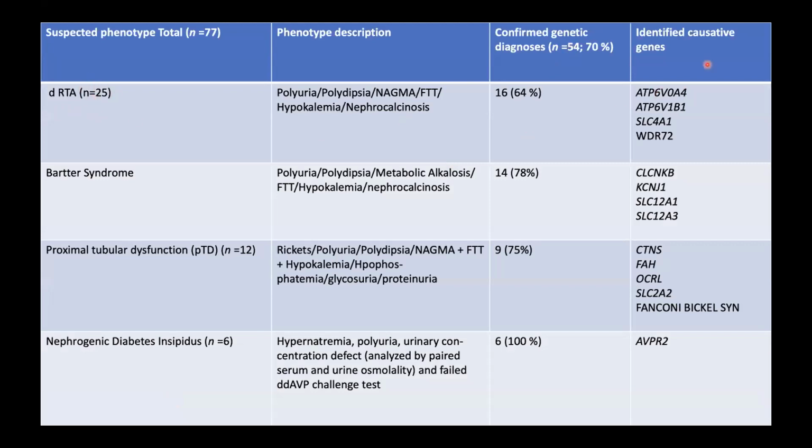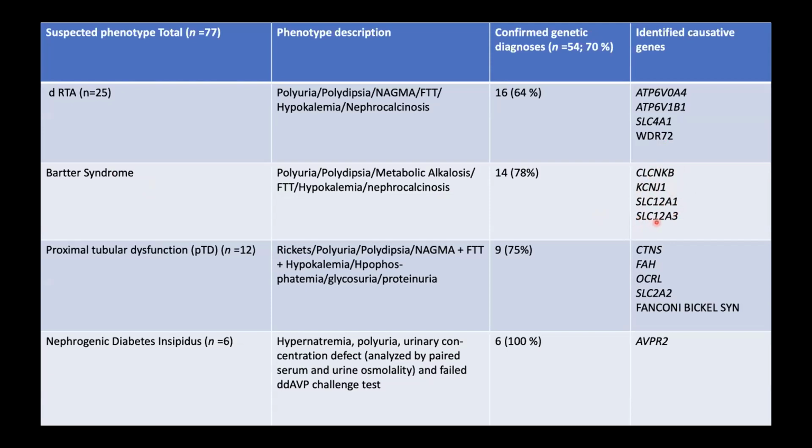They found the causative genes ATP6V0A4, ATP6V1B1, and SLC4A1, which were described in previous literature. They also found in this Asia region WDR72 mutation, which is associated with amelogenesis imperfecta. Next to distal tubular acidosis, Bartter syndrome is the second commonest, and they found chloride channel mutations, KCNJ1 and SLC12A1.